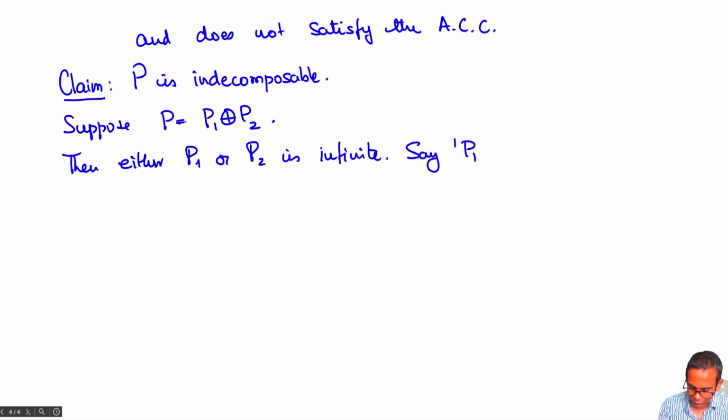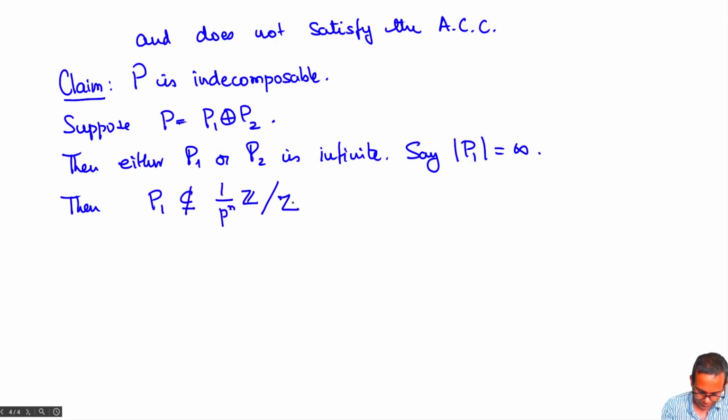So let's say P1 is infinite. Since P1 is infinite, P1 cannot be contained in a finite subgroup, so P1 is not contained in 1 over P to the n Z mod Z for any n.